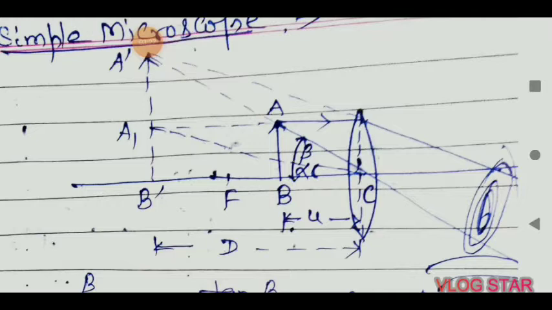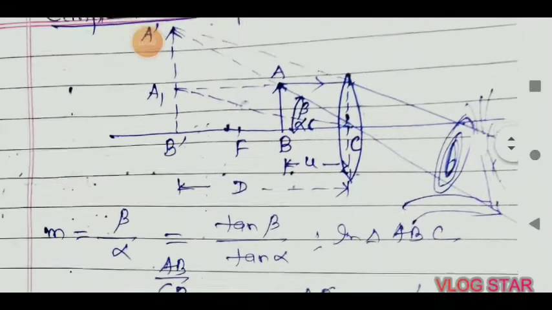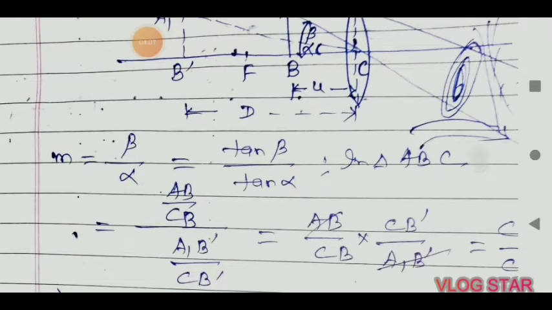Alpha is the angle subtended by the object, and when its image A dash B dash forms, that is the virtual erect image, the angle subtended by that image is A dash C B dash. We have marked this as angle beta. So magnification will be the ratio of the angles subtended by the image to the object, that is beta upon alpha, and for small angles we can take tan beta upon tan alpha.